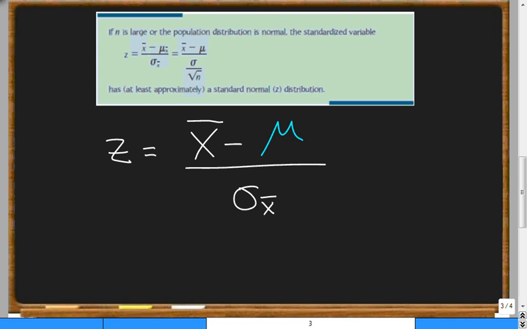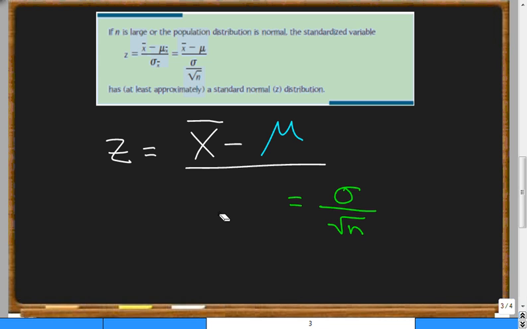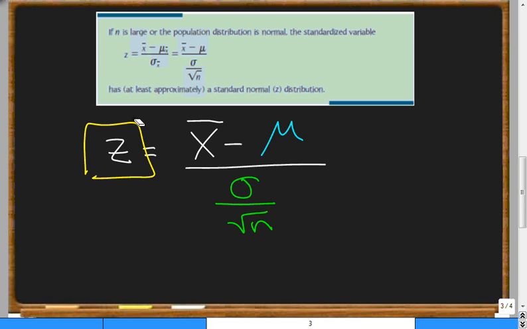We also learned earlier that the standard deviation of our sampling distribution is our population standard deviation divided by the square root of n, so we can replace that too. Really what we need to know is our sample mean and the sample size. If we know that, then we can effectively find any z-score that we're looking for.